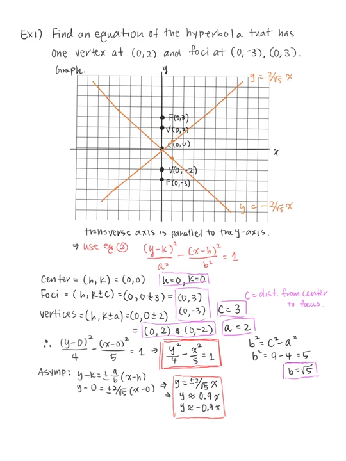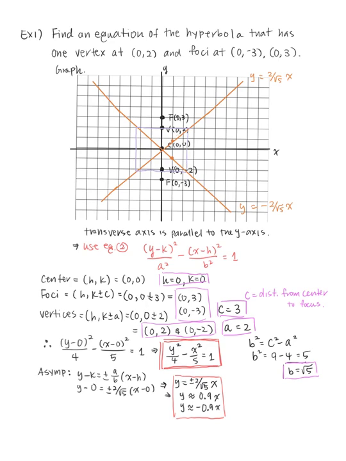This is what I mean. From the vertex, I'm just going to go like this, and then I'm going to go down until I touch the next asymptote, and then go through the vertex again. My gosh. And then I'm going to go this way.